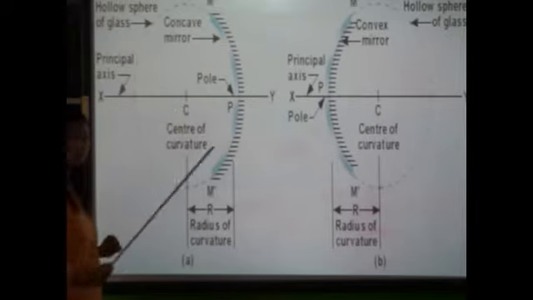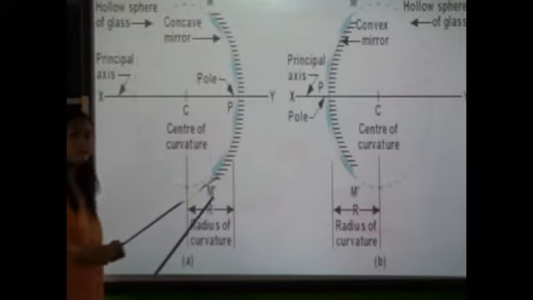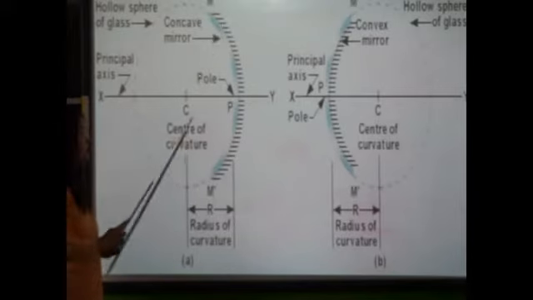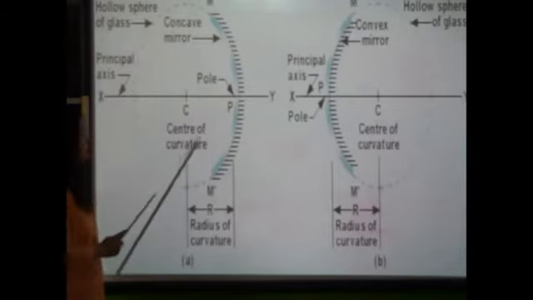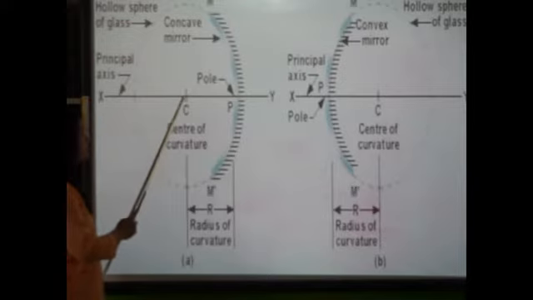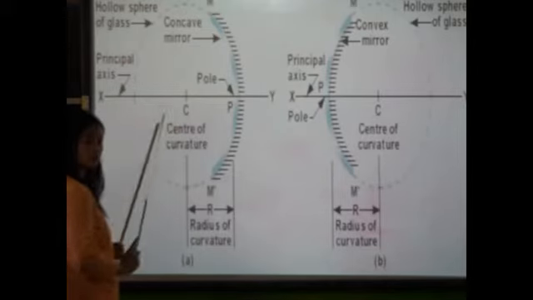So what is the center of curvature? The center of curvature is the center of the sphere of which the mirror is a part. The C represents the center of curvature.